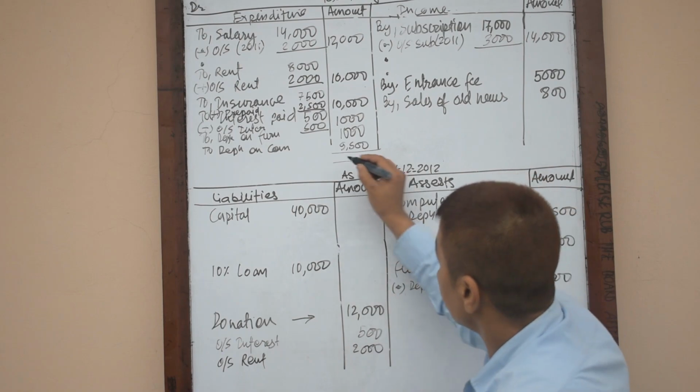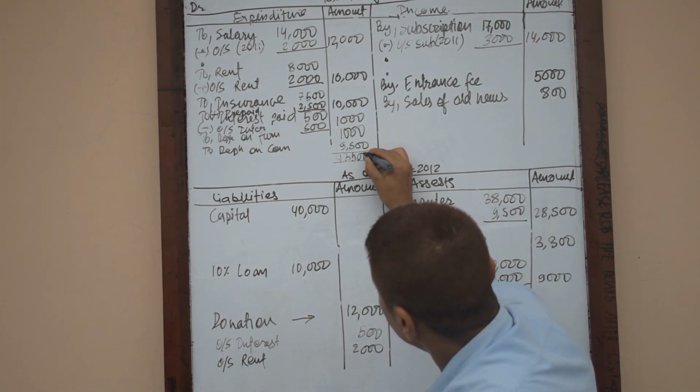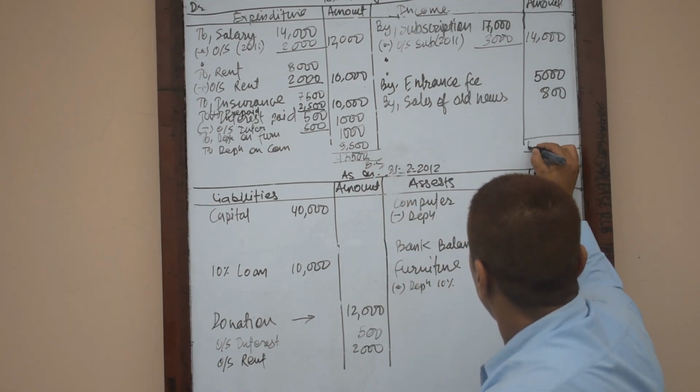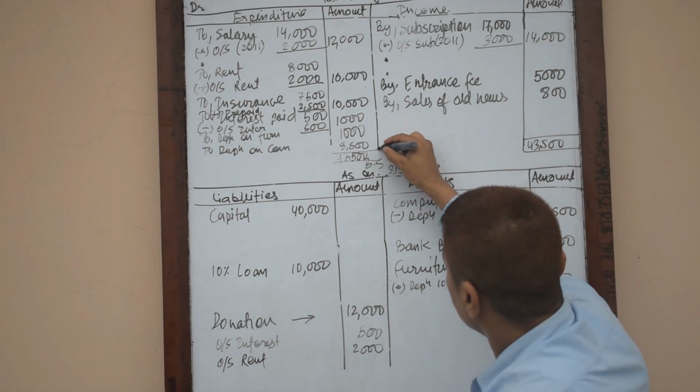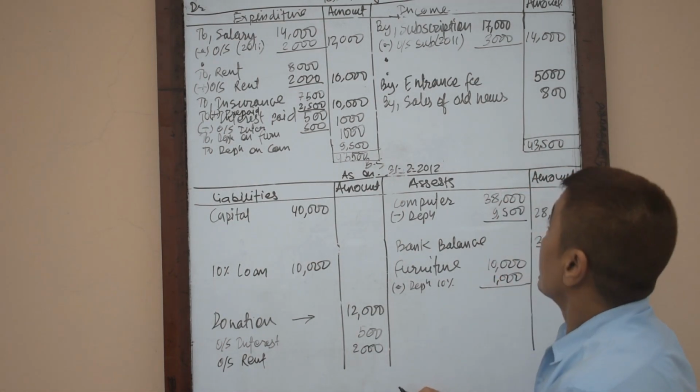That means total expenditure is 43,500. You can see here, and same thing I'm writing here, same amount, 43,500, and we are comparing by how much it is less.